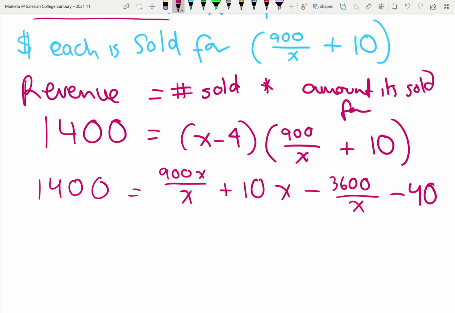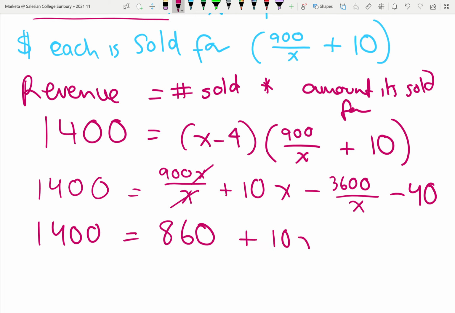Now these can go, so 1400 equals 900 minus 40, which is 860, plus 10x minus 3600 on x. I'm going to multiply everything by x so I can get rid of the x in the denominator here.